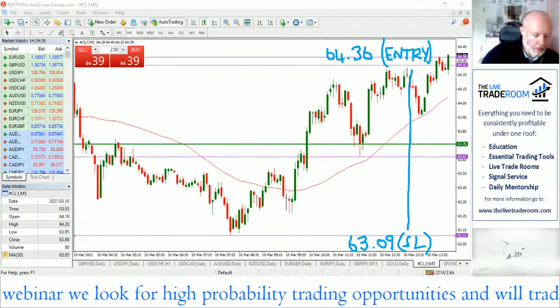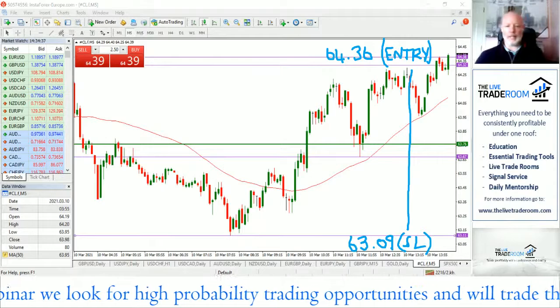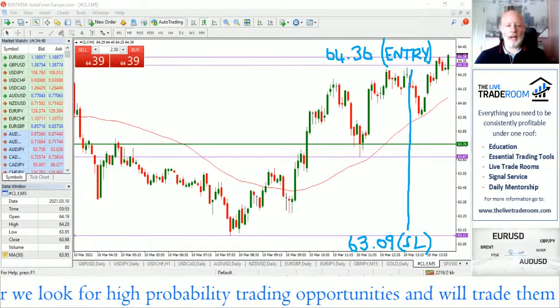Very important when you're trading commodities to know exactly what volume, what trade size you need to be trading.